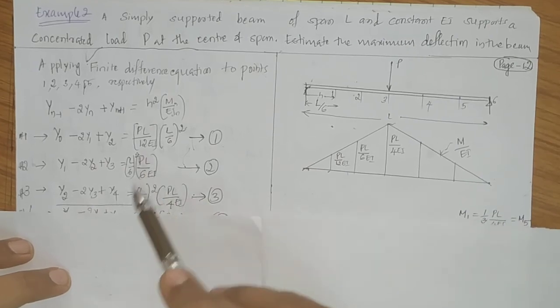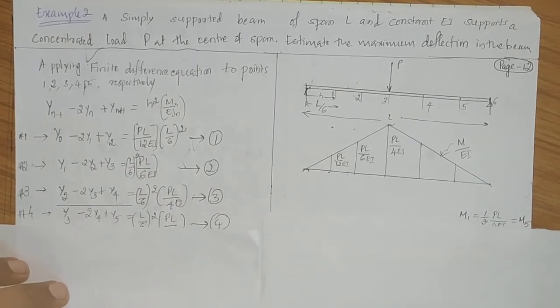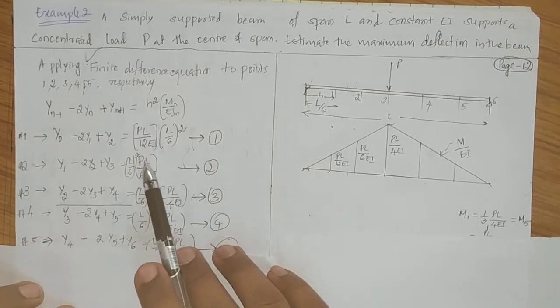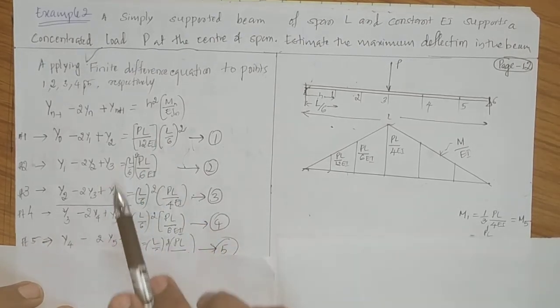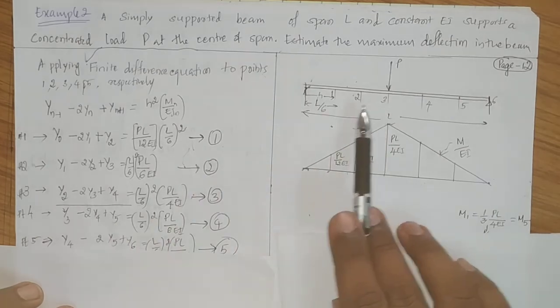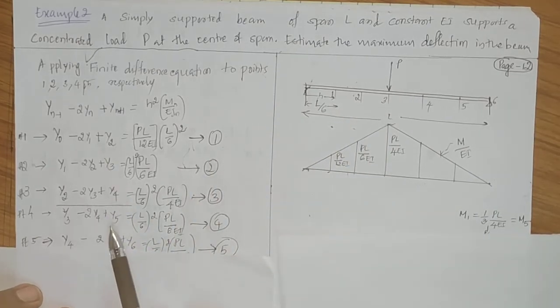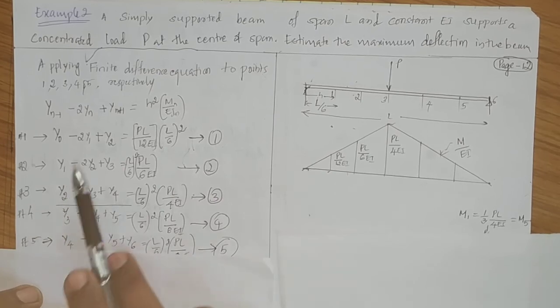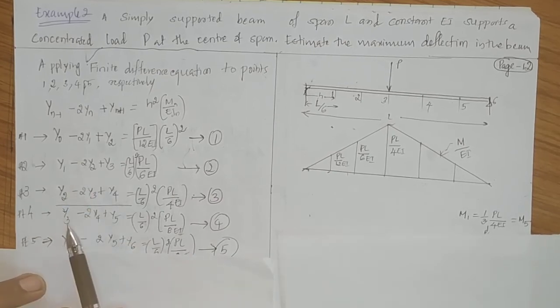Substitute that. And then at point number 4, that becomes the same thing, because y3 is equal to y5. You can substitute the value of n here, so that becomes equation 4.